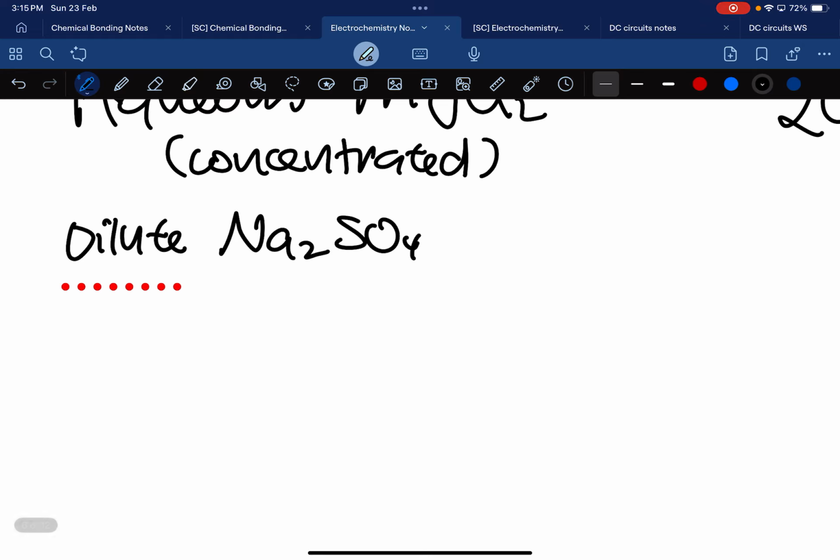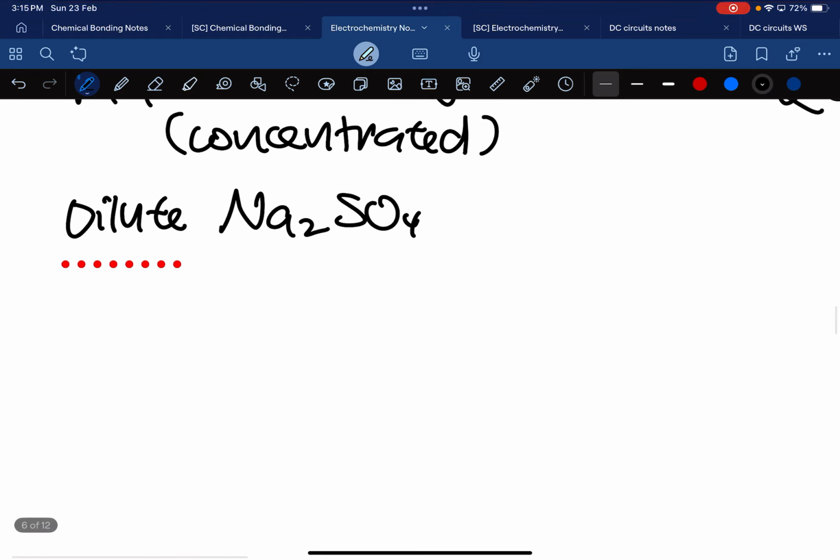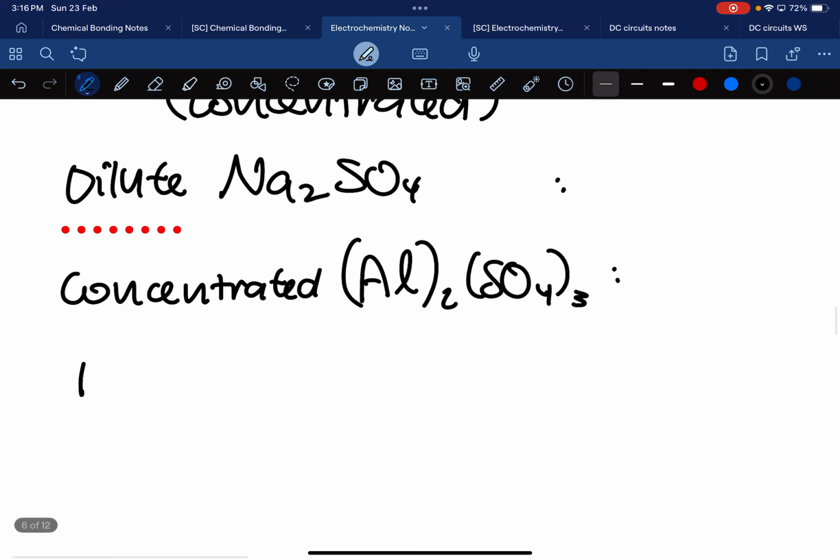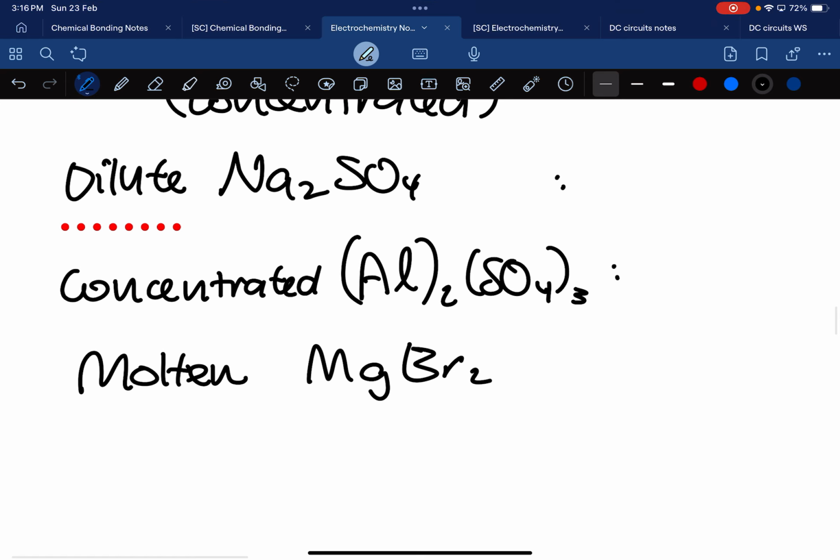Dilute sodium sulfate. Concentrated aluminium sulfate again. Molten magnesium bromide. Write the examples down first.